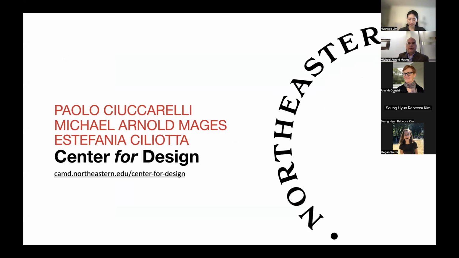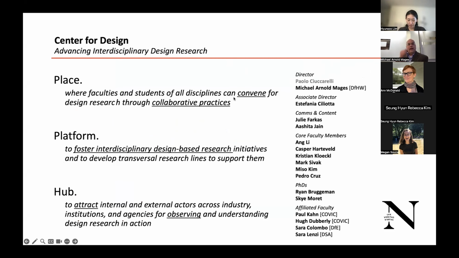And if you are wondering what the Center for Design is, it's this place where we can bring people together. It's also a platform to help incubate interdisciplinary collaborations between the creative disciplines that exist in CAMD and other parts of the university. And it's a hub to the greater community, so we can have opportunities to bring in outside organizations.